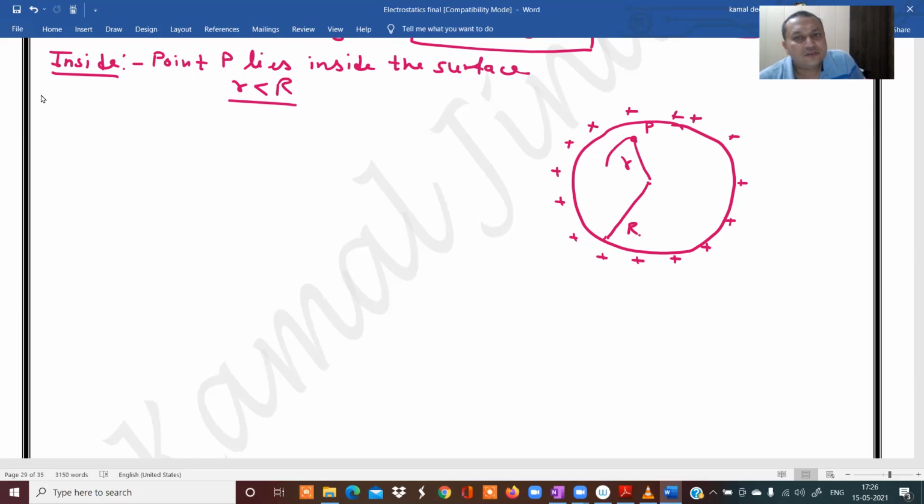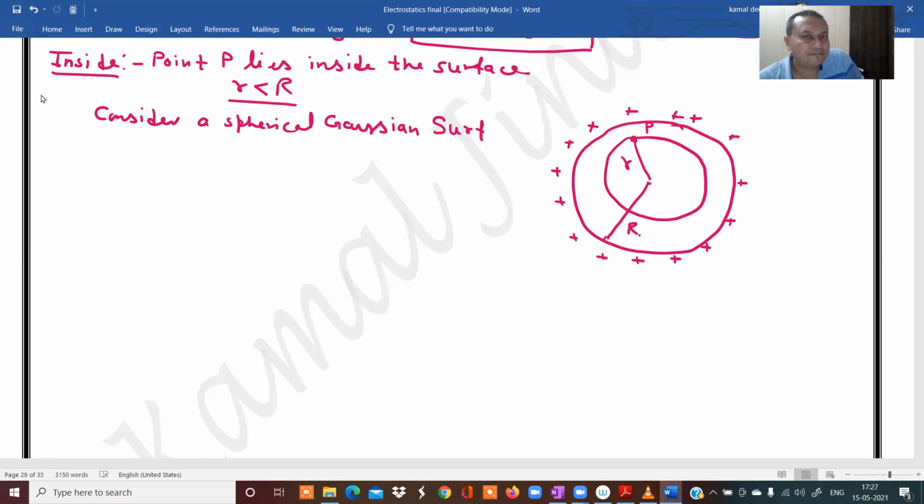So consider a spherical Gaussian surface through point P. Now I apply Gauss law.